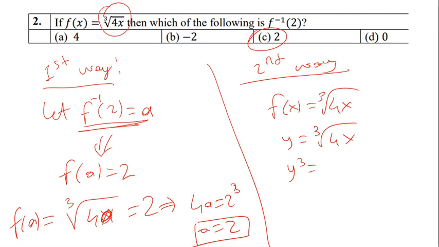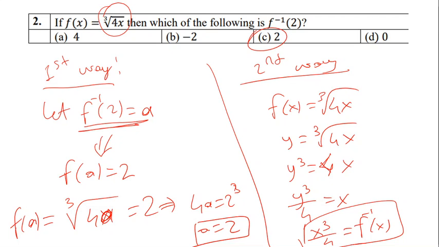Then you have 4x, then y cubed over 4 is equal to x. Then I change this one to f inverse of x. So this is the inverse of f. Now you can substitute 2, and you will get 2 cubed over 4, which is 2. This is the second way.